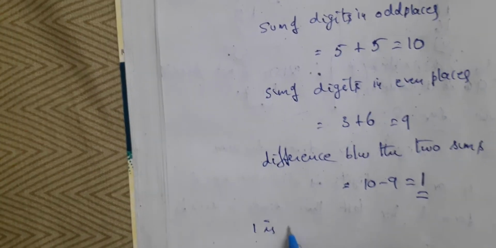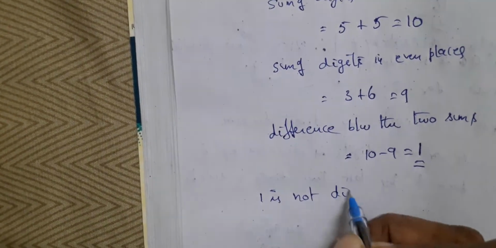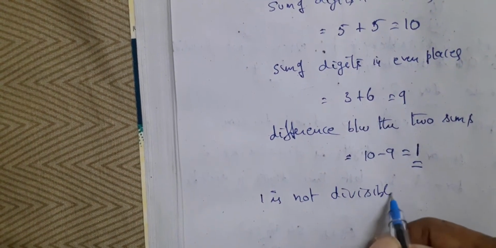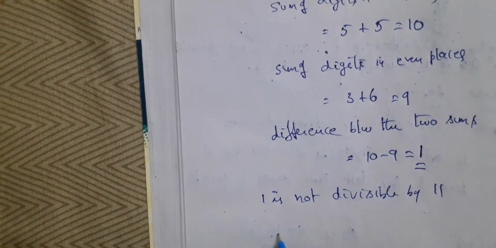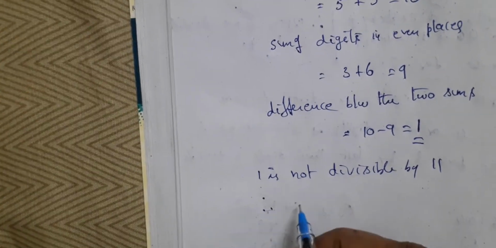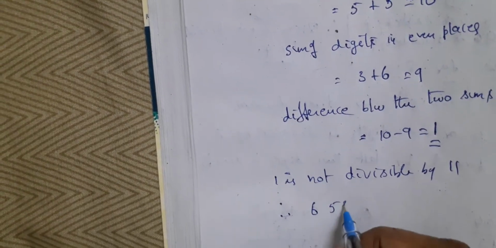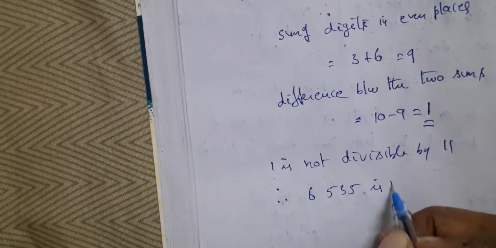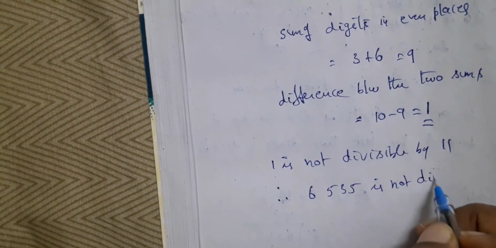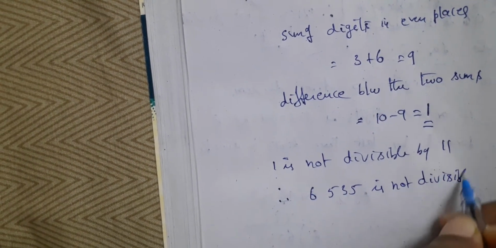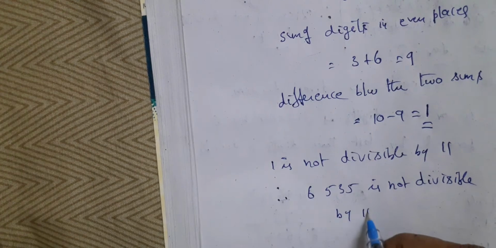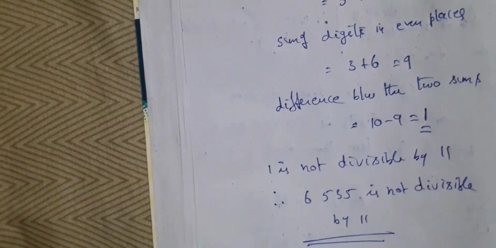So 1 is not divisible by 11. Therefore, what is the number you have taken? 6535 is not divisible by 11. Not divisible by 11. This is how you have to conclude.